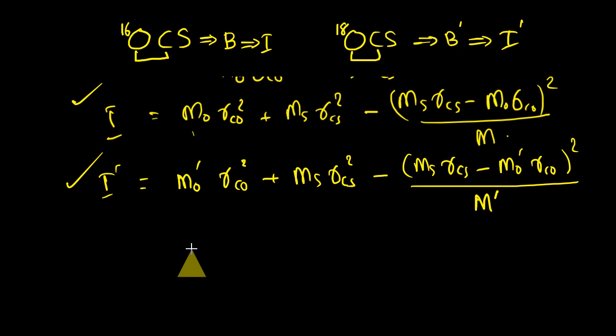Okay, so even if the rotational spectra will not directly give the information about the bond lengths in a particular sample, we can do proper experiments. For example, here we are doing isotopic substitution, and by doing proper experiments we can determine the individual bond length. So from these two equations we can find out RCO and RCS. These are the bond lengths in the OCS molecule.